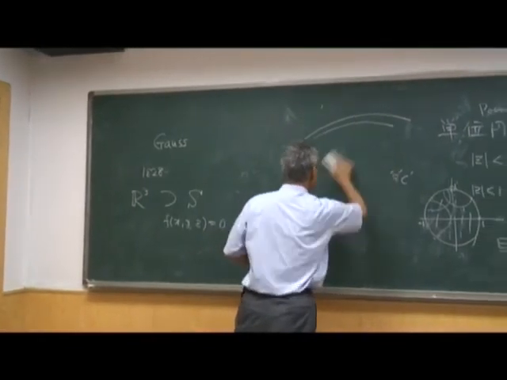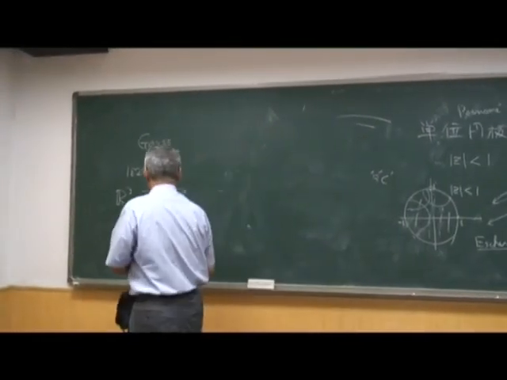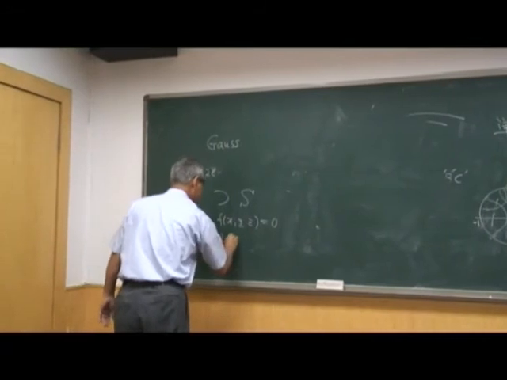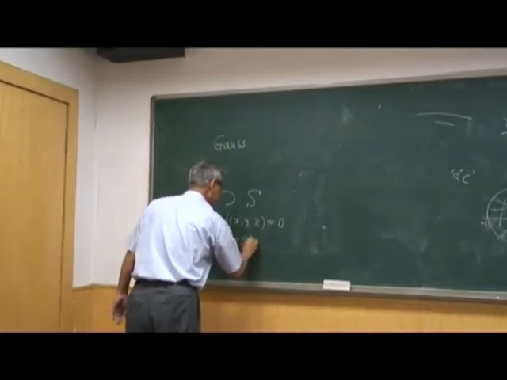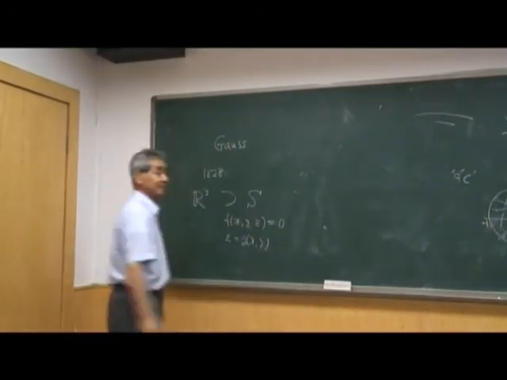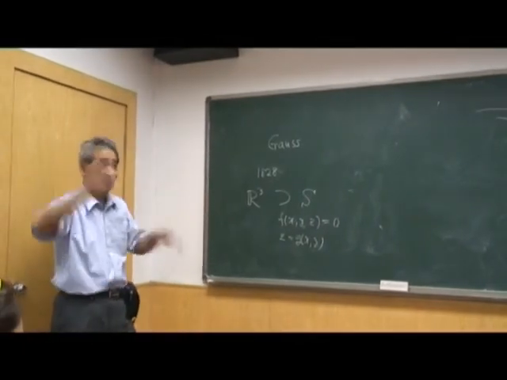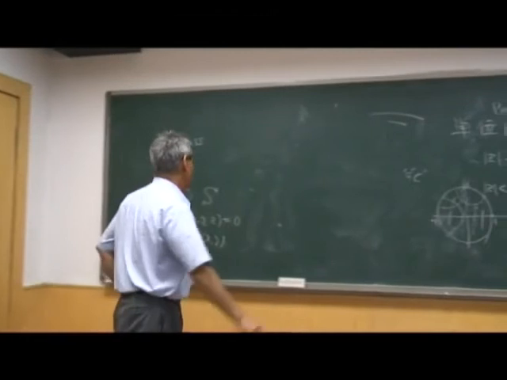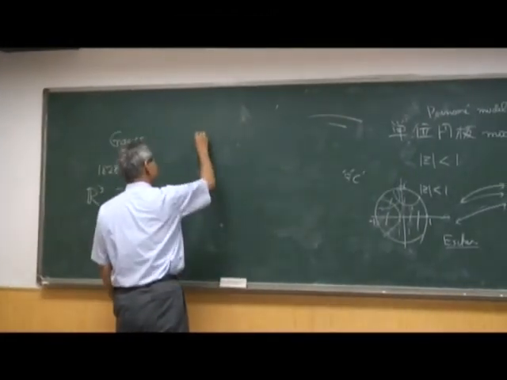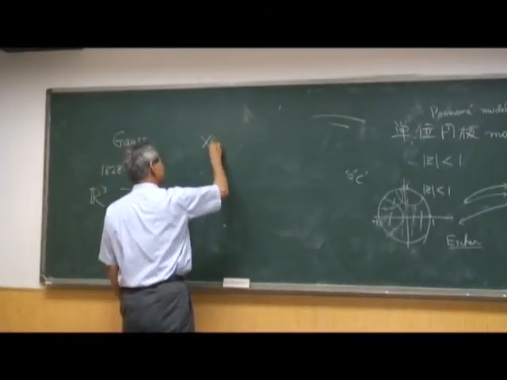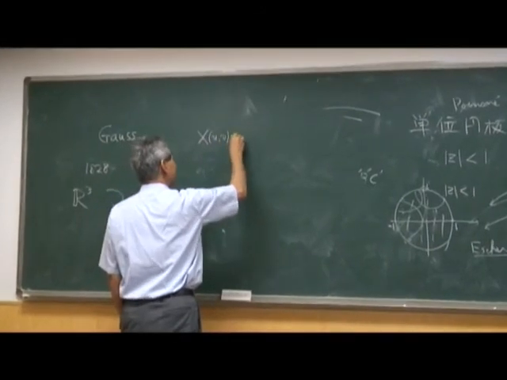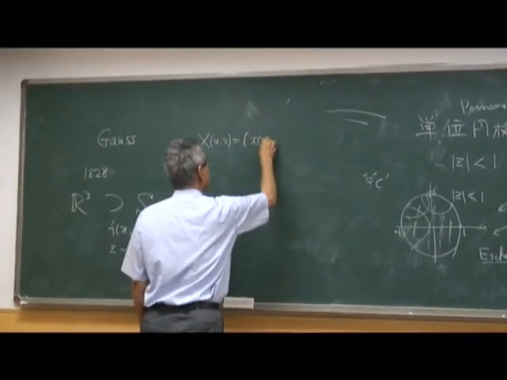And the other possibility is that you write it as a graph of a function of 2 variables, then you get some surface again. But the most general way is to write something like (u,v), parameterized by 2 variables.